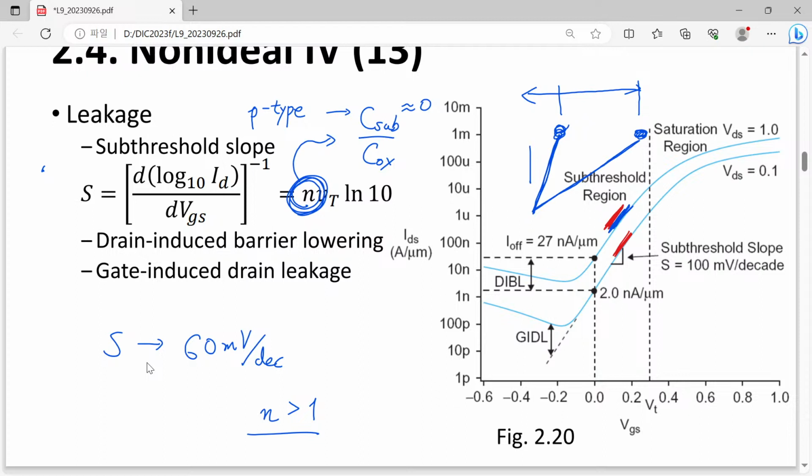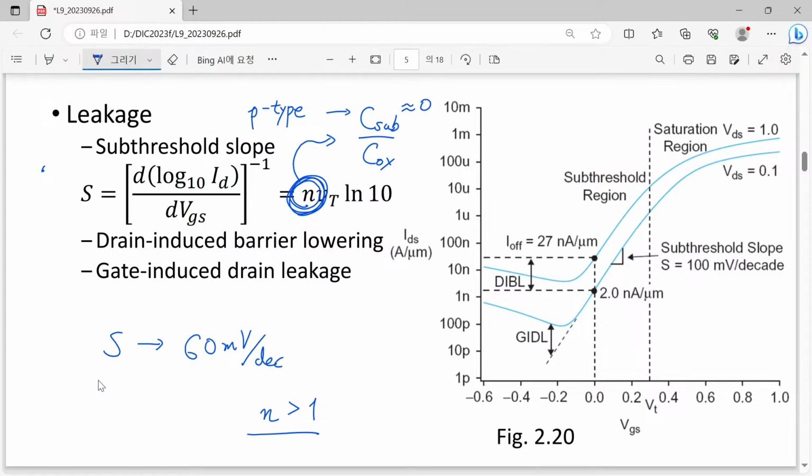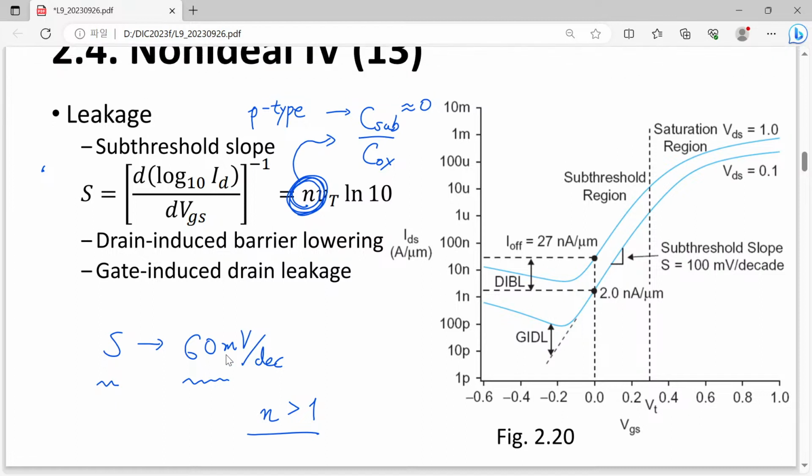So how about the state-of-the-art devices? Our state-of-the-art devices have no substrate contact in them, so their subthreshold slope is quite close to 60 mV per decade. So already we have achieved the best thing we can do these days.